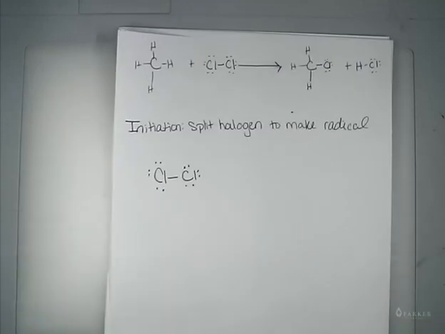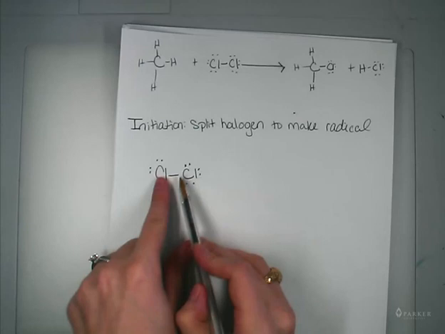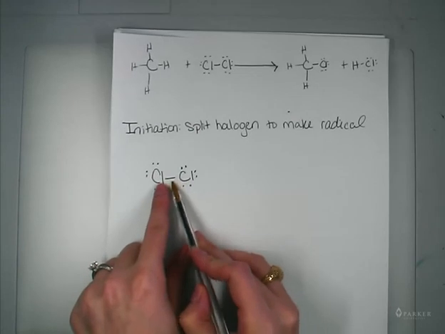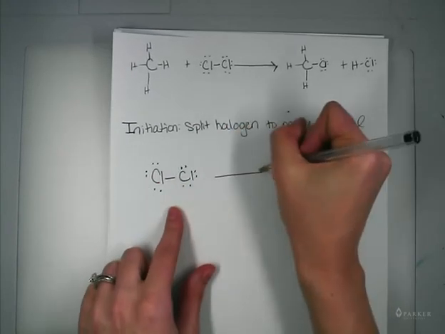Okay, so there's my halogen. Do you see I have two of them, and they're bonded together right now? Is there a lone electron currently? No, so this is where we initiate it. And this bond between them is pretty weak, okay?